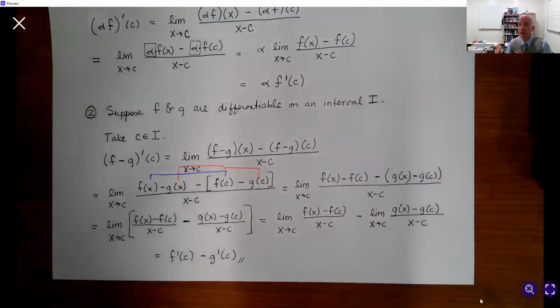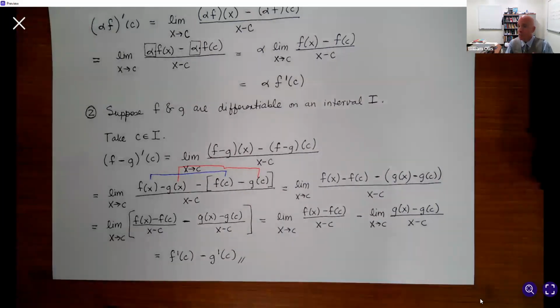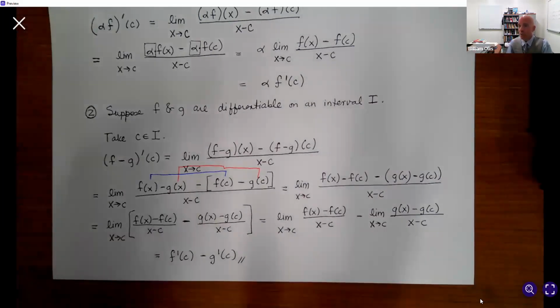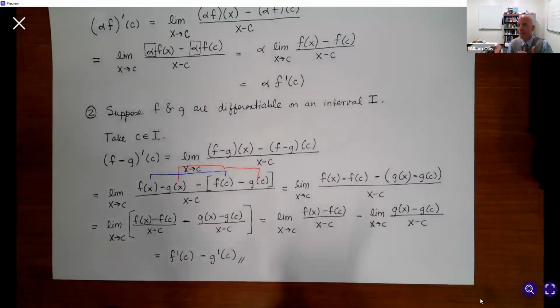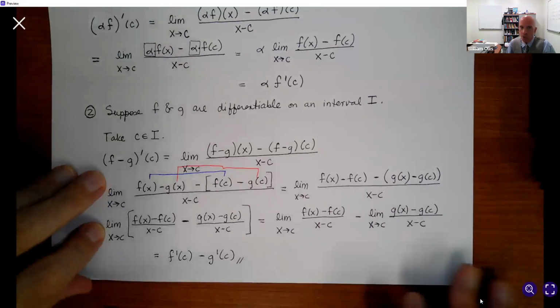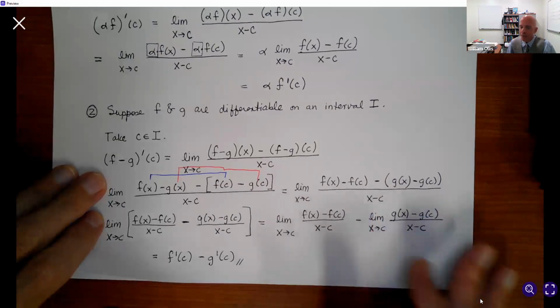If you've got the sum of 3 or 4 functions, you can simply apply the derivative to each function and then add them up, and you're done. So that is a significant property of differentiation that mimics that of the limits. So again, something you can apply as you do your problems.